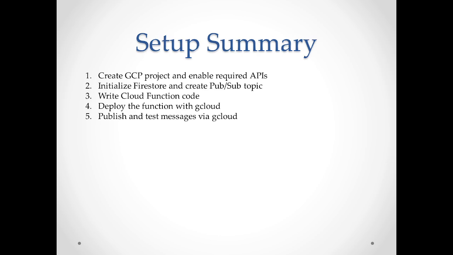So the steps are: we'll enable the required APIs, initialize Firestore, create a Pub/Sub topic, write the Cloud Function code, deploy the function with gcloud command, publish and test the messages via gcloud command.